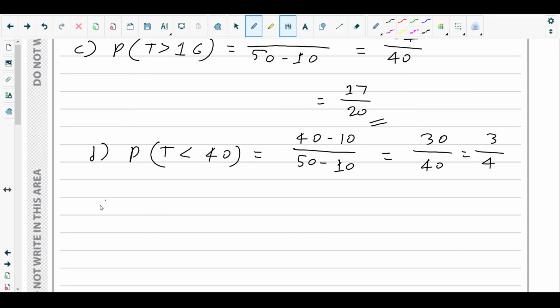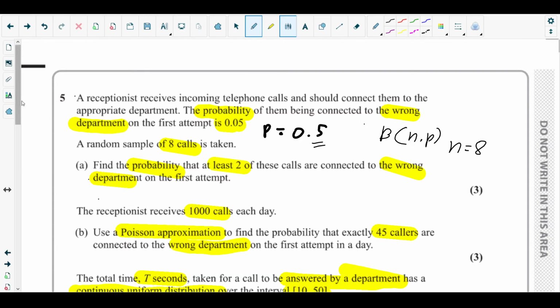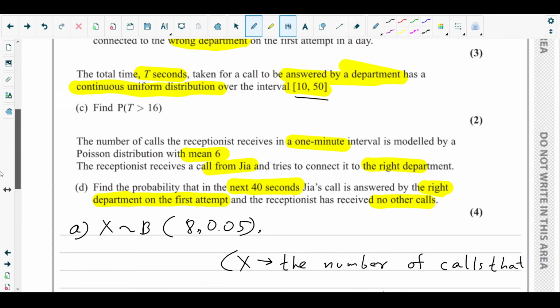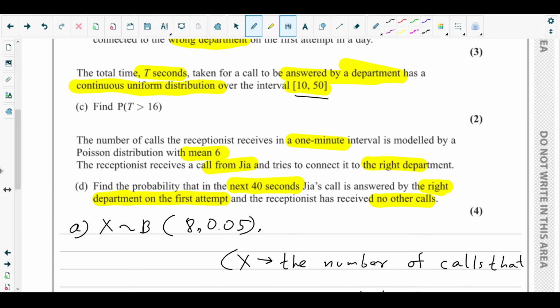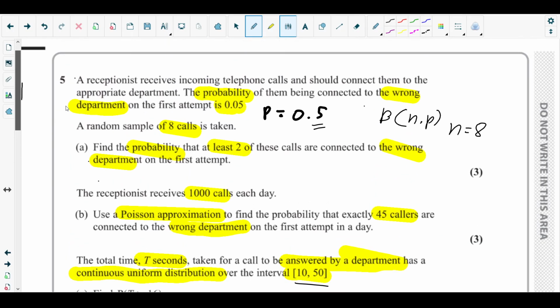This is the first independent event. Next, the second event says the call has to be answered by the right department. What's the probability of that? The probability of connecting the call to the wrong department is 0.05, not 0.5.